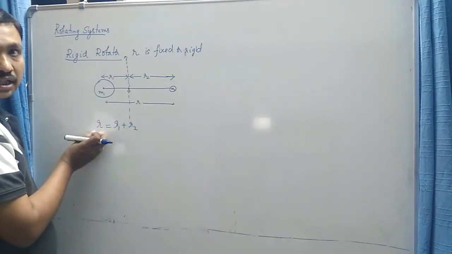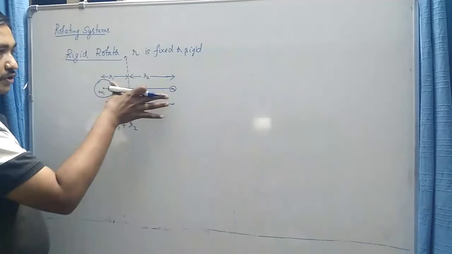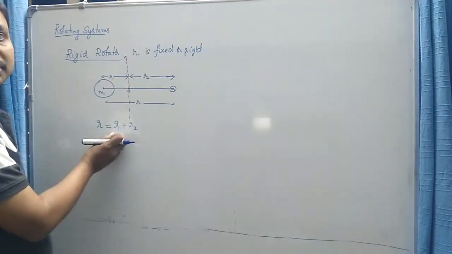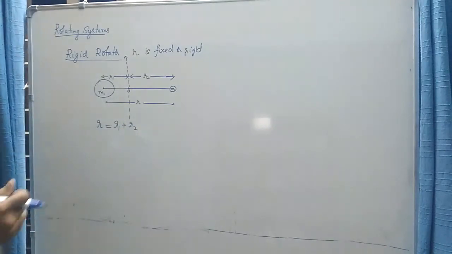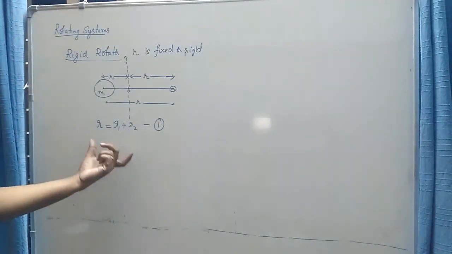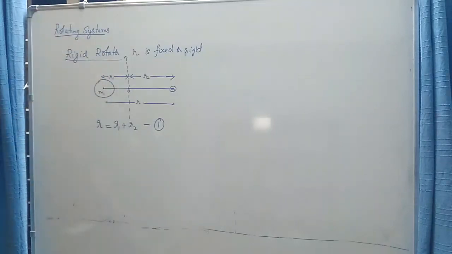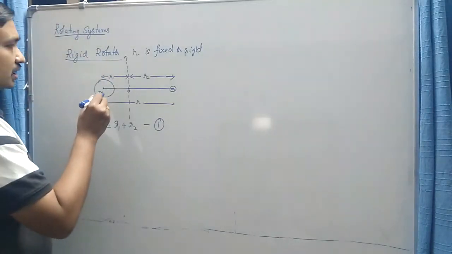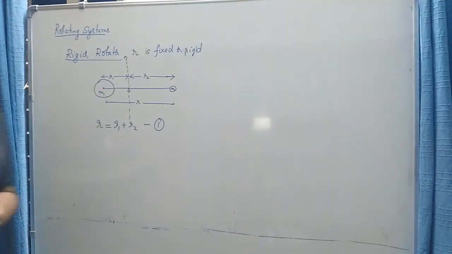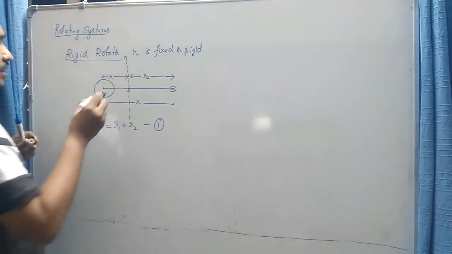So the bond length r, or the distance between the two particles, is equal to r1, the distance of the first particle from the center of mass, plus r2, the distance of the second particle from the center of mass. And this is always a fixed value because it is a rigid rotator, and each particle is actually rotating about the center of mass. So I will use a different colored sketch pen to indicate the rotation.